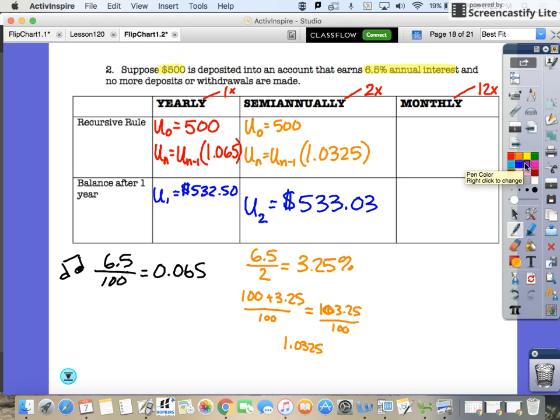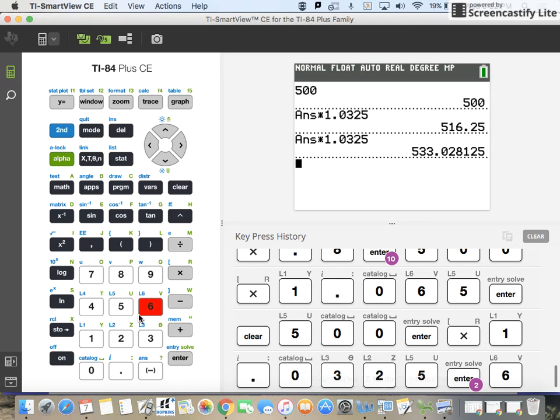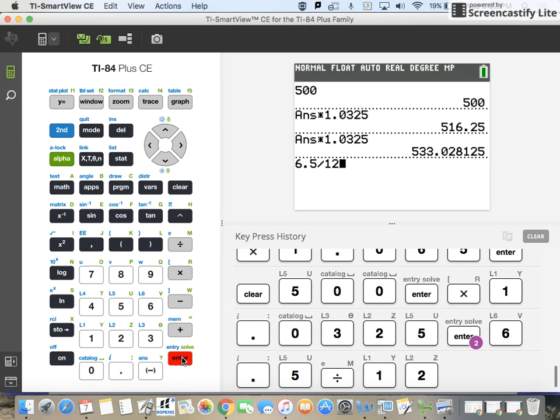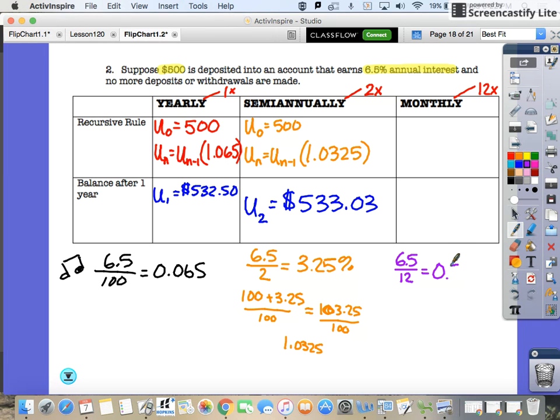The last one is monthly. Monthly, you're going to get 12 installments of your interest. So you take 6.5% and divide it by 12 months. You're going to get a tiny little percentage. Let's figure out what it is. You'll get 0.542%. To calculate your ratio, take 100% plus that number.